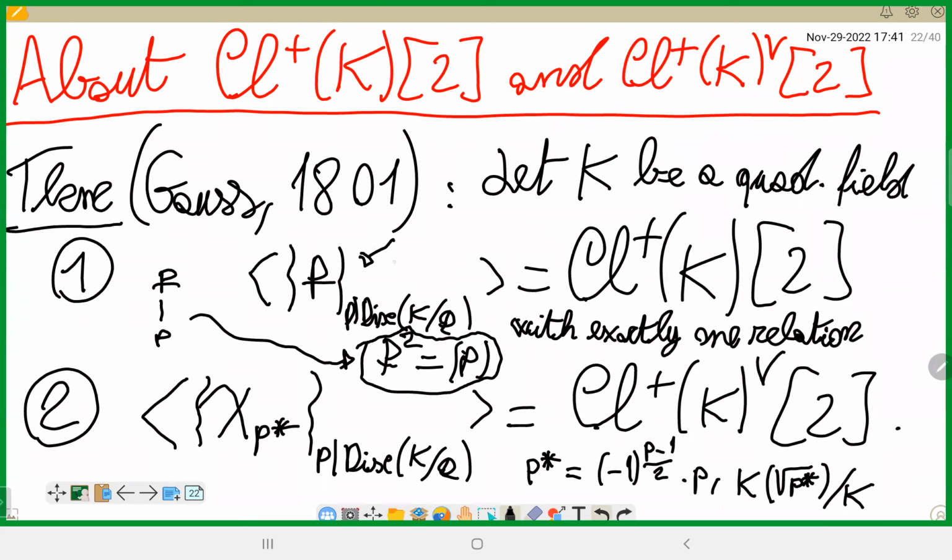And the theorem of Gauss is that there are no other classes, in the sense that these classes span the full two-torsion, and it also tells you how many relations there are. There is exactly one relation. You might be tempted for a second to think the relation is square root D, which is exactly what we are after, actually.